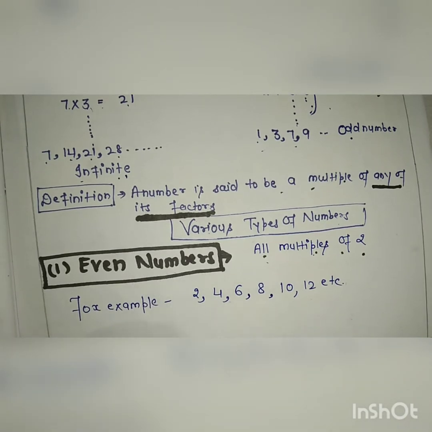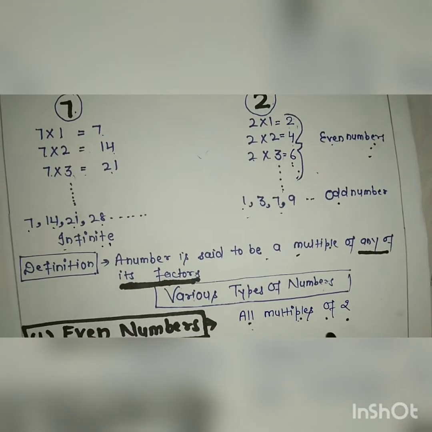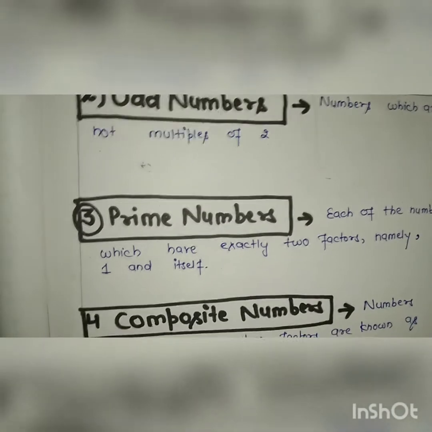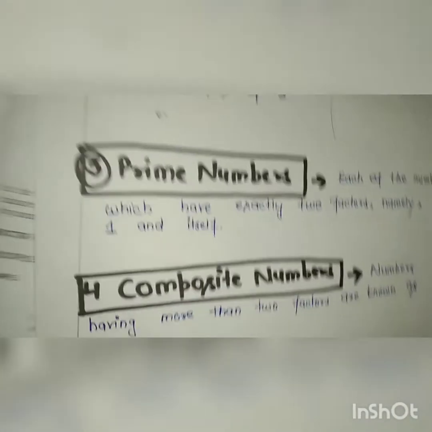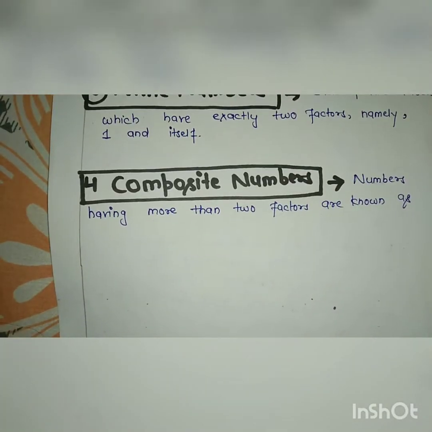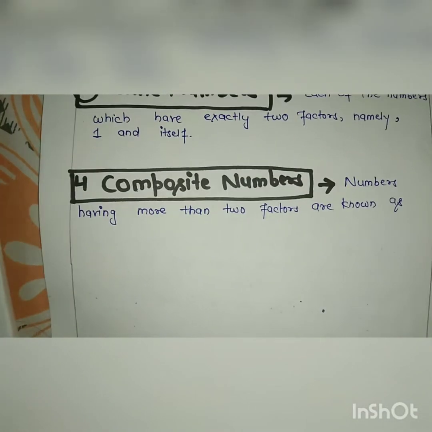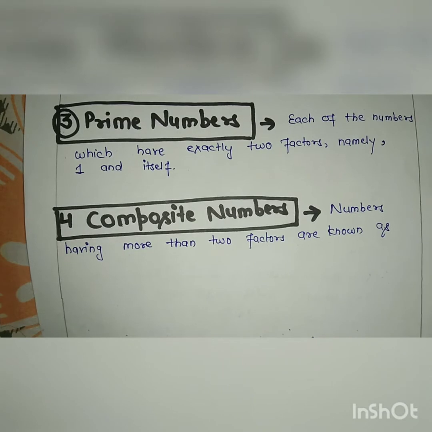These are multiples of 2. Now we are talking about odd numbers.